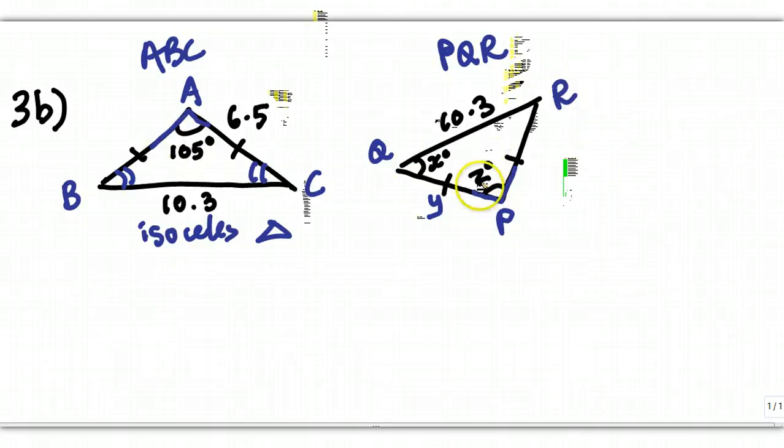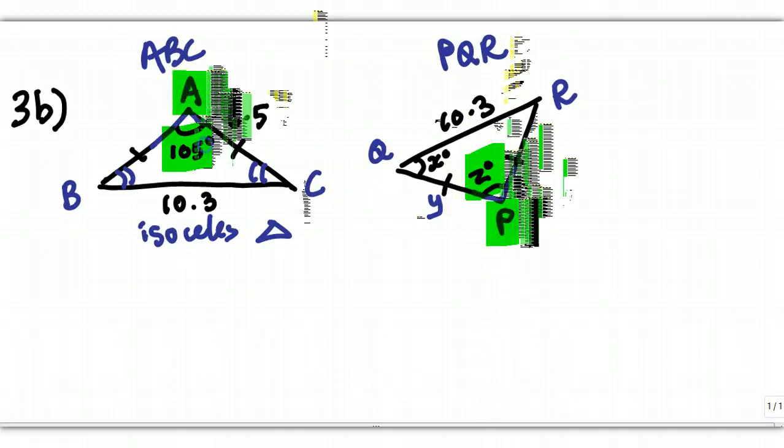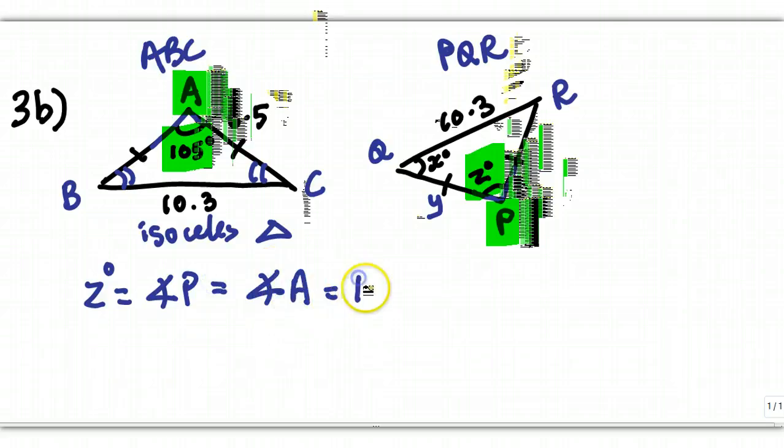So the easiest one to identify would be angle Z over here because it corresponds to P, which corresponds to the point A. So we know that Z degrees is equal to angle P, which corresponds to angle A, which we know is 105 degrees. So therefore Z is equal to 105. We just want the value without the units. Then next, given that this is an isosceles triangle, we know that the two base angles must be equal.